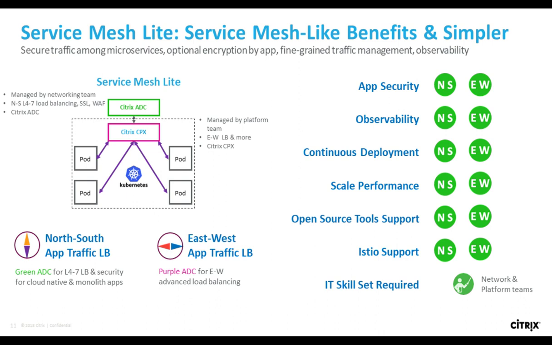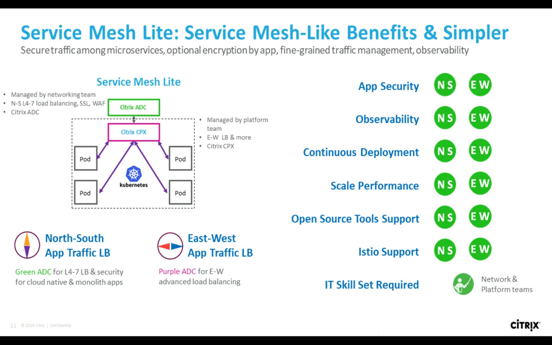So what if you really wanted all these service mesh-like functionality, but wanted a much simpler configuration? And that's where Citrix has been working on a service mesh lite, which gives you secure traffic among microservices, great visibility, point-grade traffic management, observability, but with much less complexity.